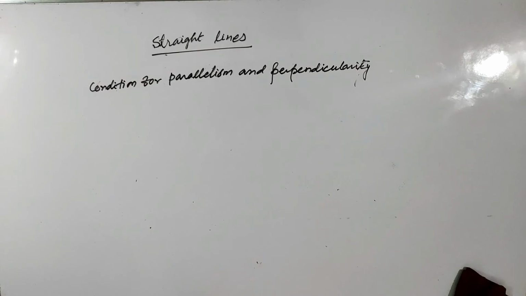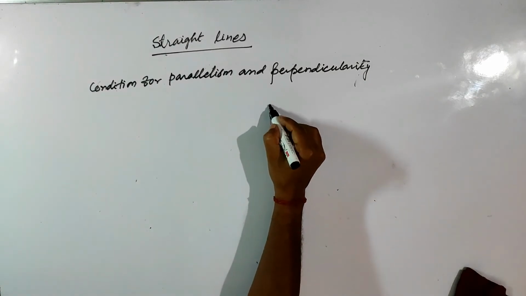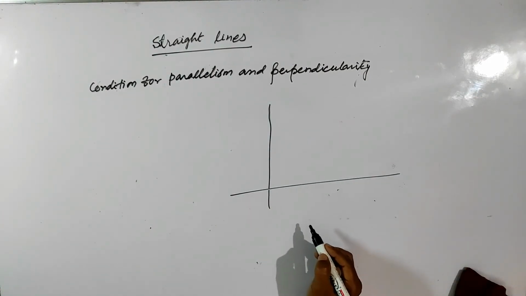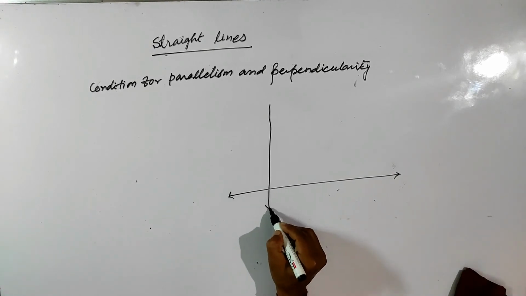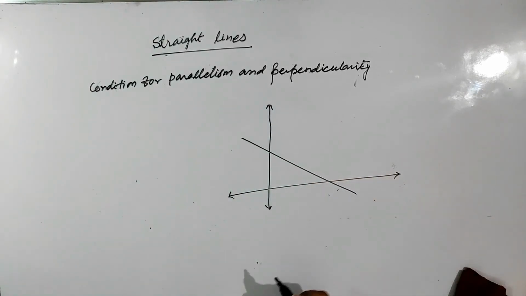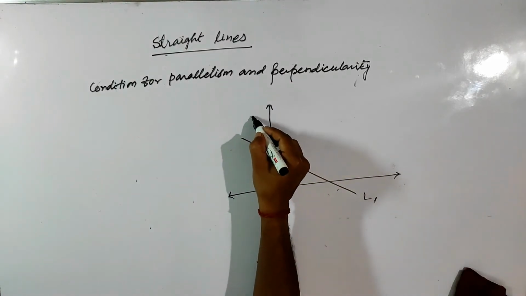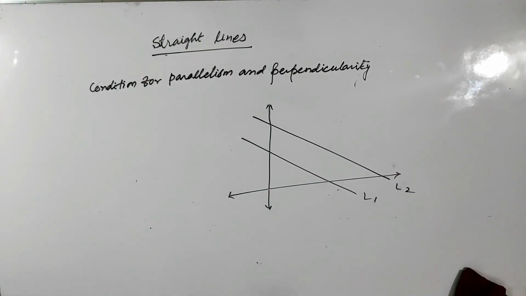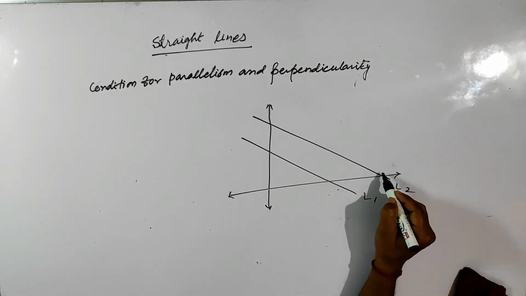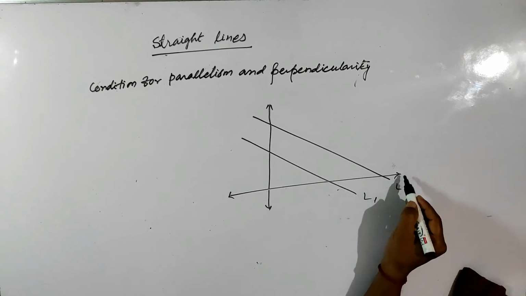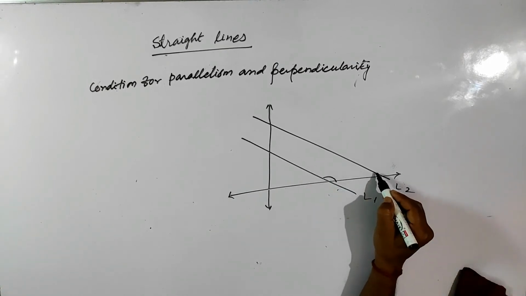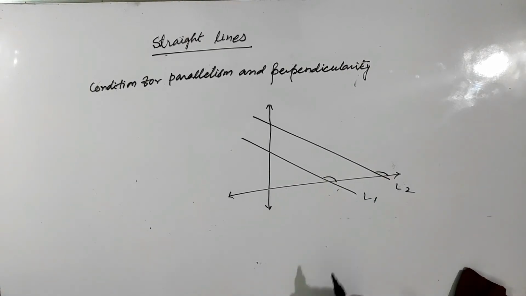If line L1 is parallel to L2, which means if there are two lines in a coordinate plane, one line is L1 and another line is L2, and they are parallel, it means the angle made by the lines with the x-axis is the same.